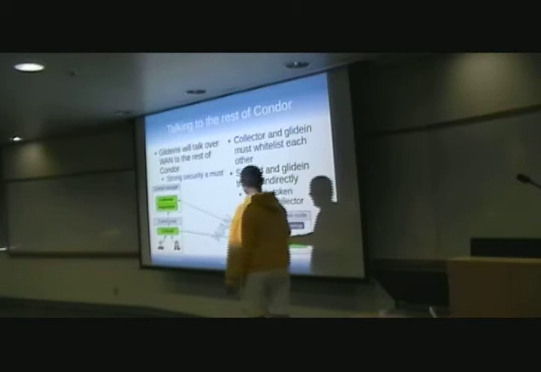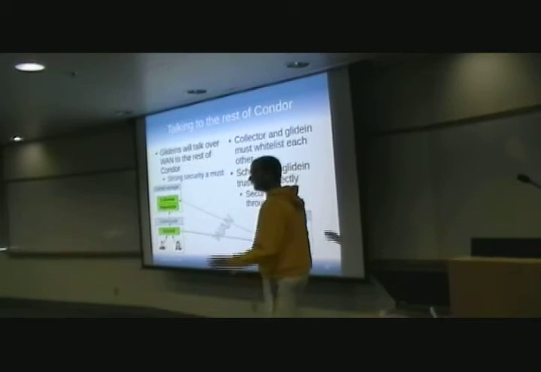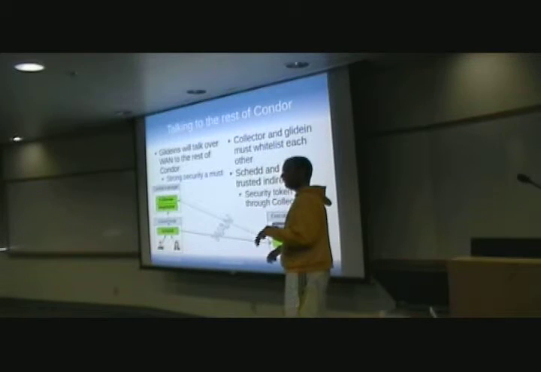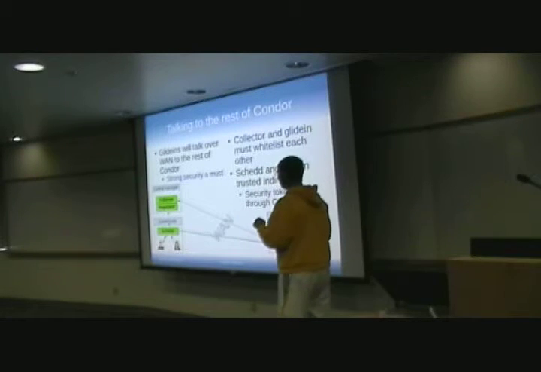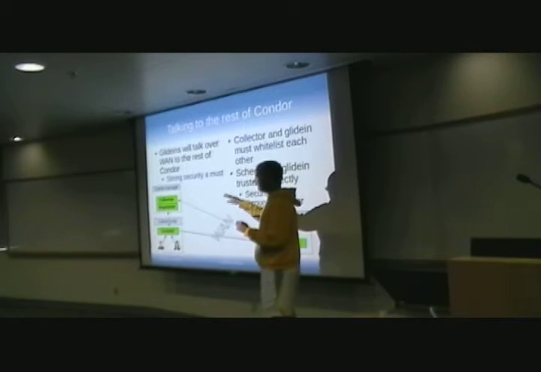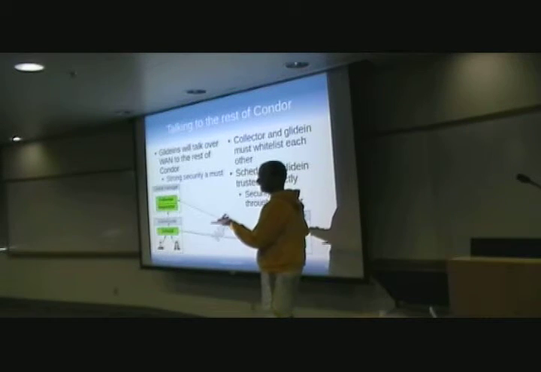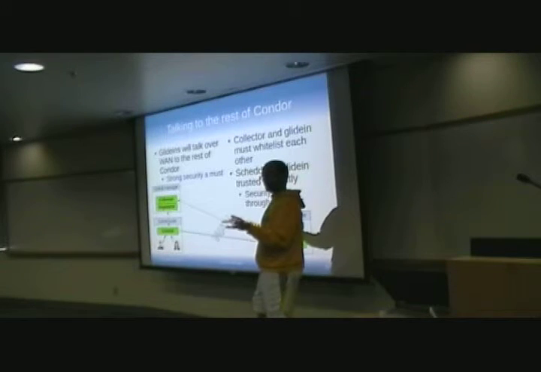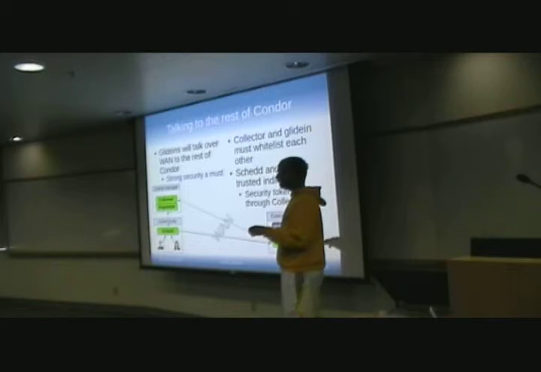The collector and the startd essentially must whitelist each other. So the GSI magic will do its work in checking the public keys and stuff like that, but the actual authorization, which is who can talk to whom, is in your hands. And essentially it's based on the DN strings. I hope everybody is familiar with the X509 way.